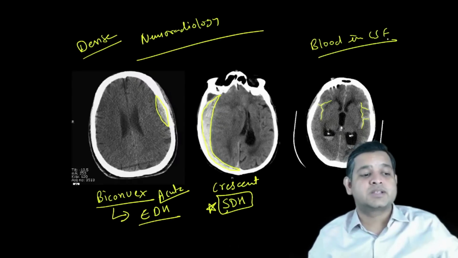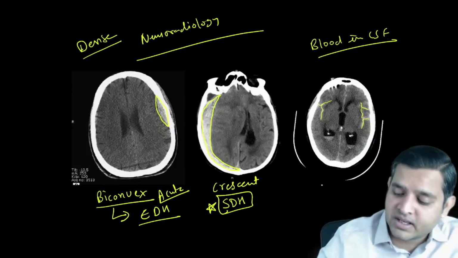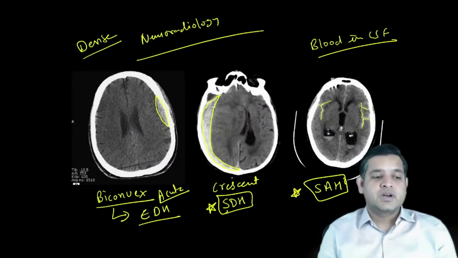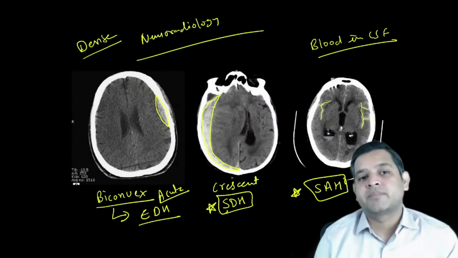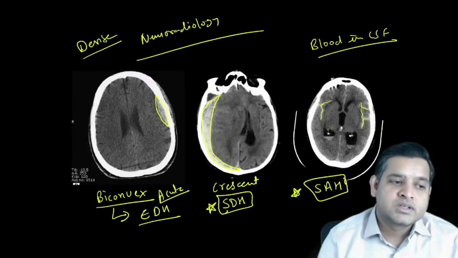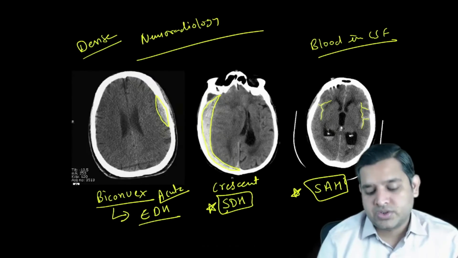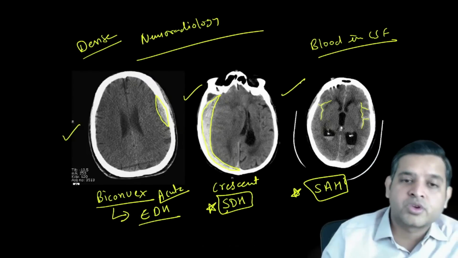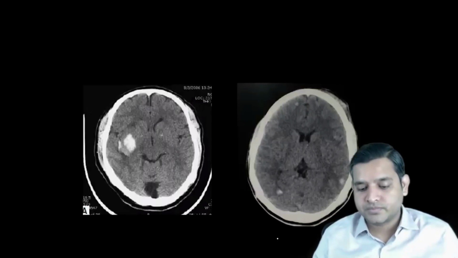If you are seeing blood in the CSF, you are dealing with a case of subarachnoid hemorrhage. So we have an EDH, an SDH, and a subarachnoid hemorrhage. Very important, that I want all of you to remember without a doubt.